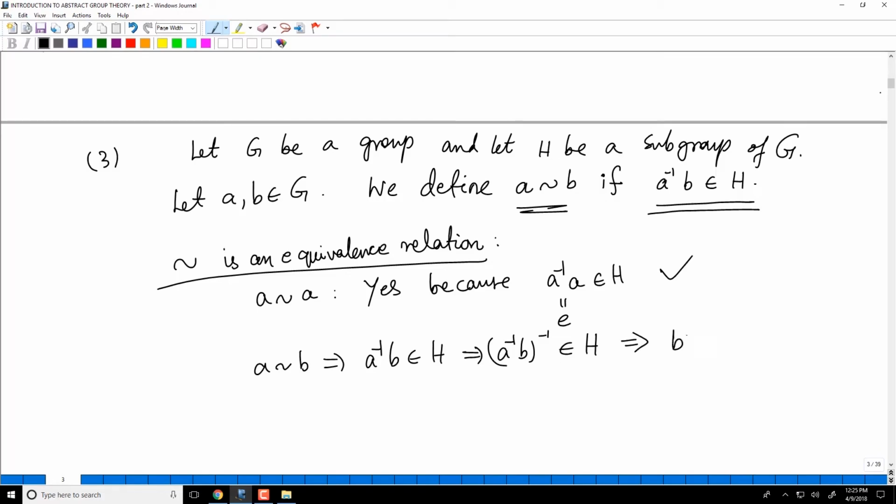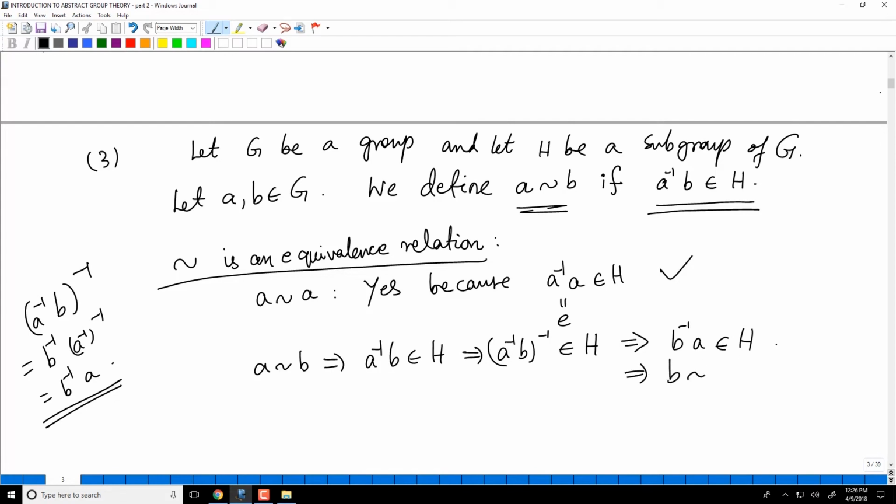That is B inverse times A. This we have seen before: (A inverse times B) inverse is B inverse times (A inverse) inverse, but that is nothing but B inverse A. So B inverse A is in H, which is the meaning of B being related to A. Remember, A is related to B if A inverse times B is in H; B inverse times A is in H means B is related to A. So the second property holds.